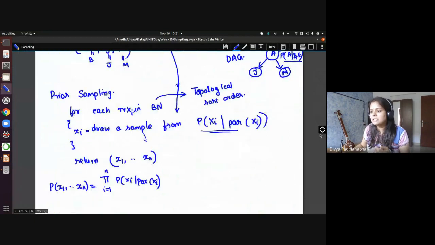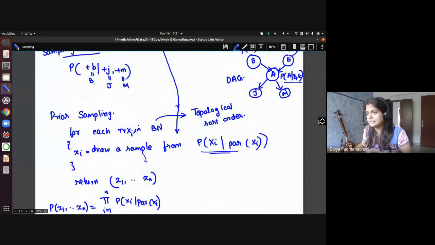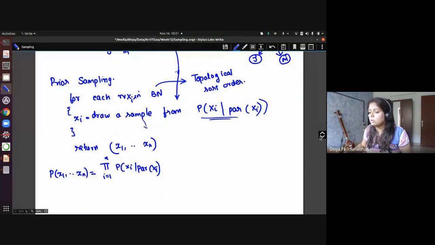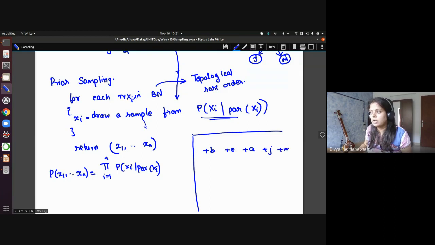What would happen is, let me take an example here before I show you things with the code. I will probably have samples like this: plus b, plus e; plus b minus e, plus a minus j plus n; plus b minus e minus a; then minus b minus e minus a plus j plus n.